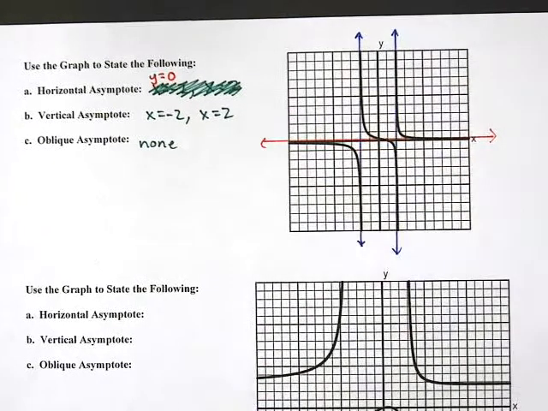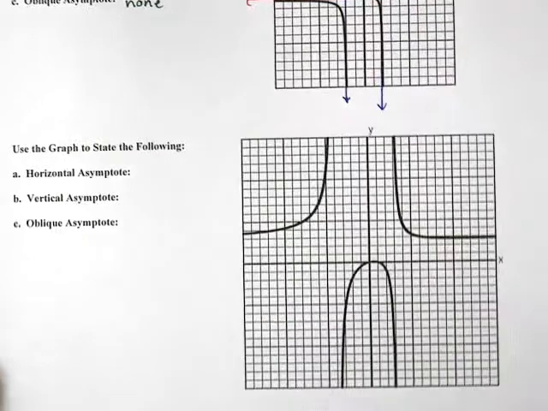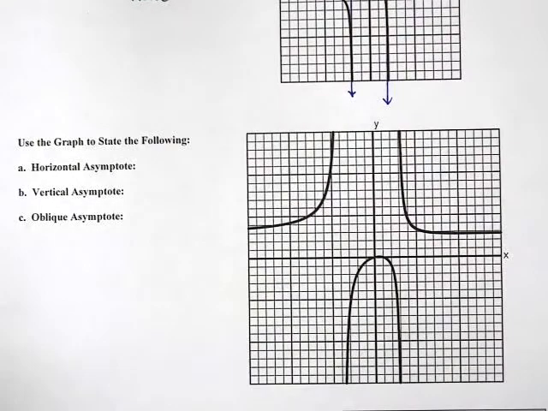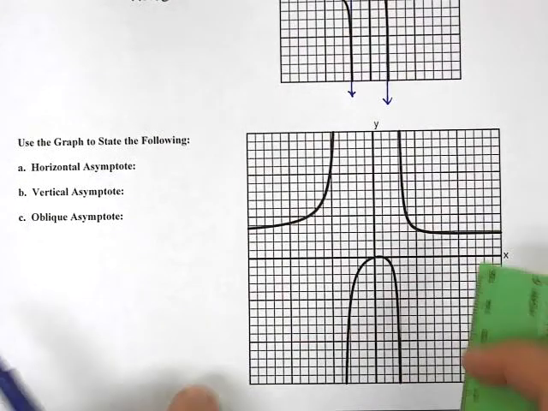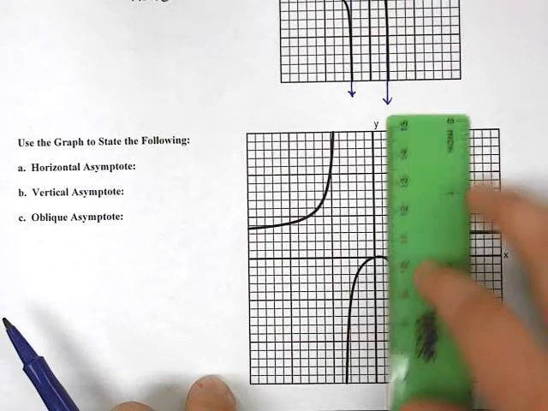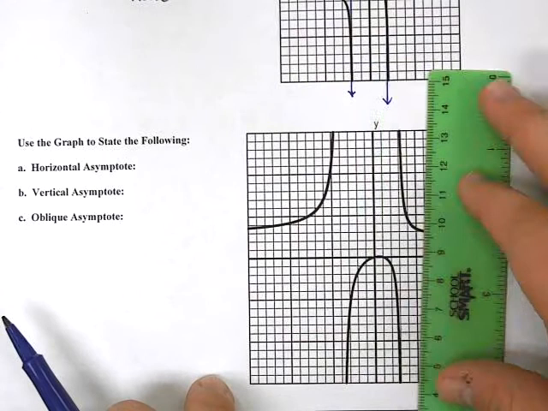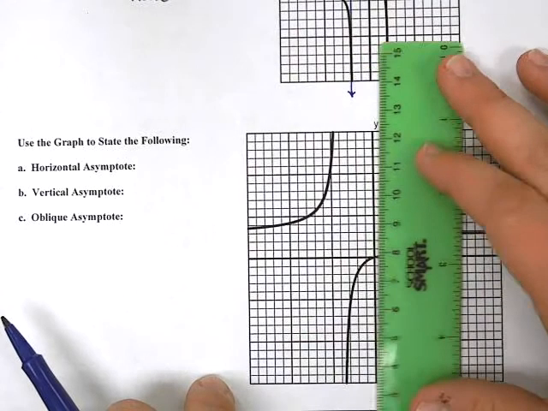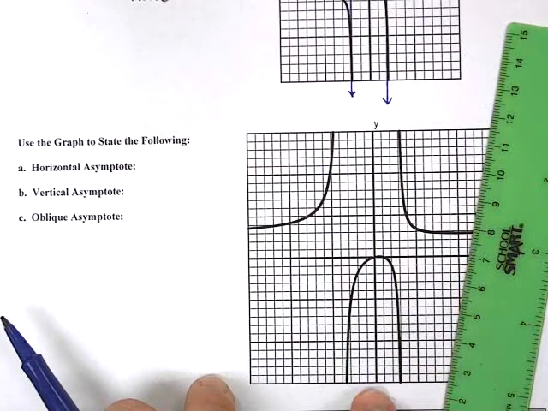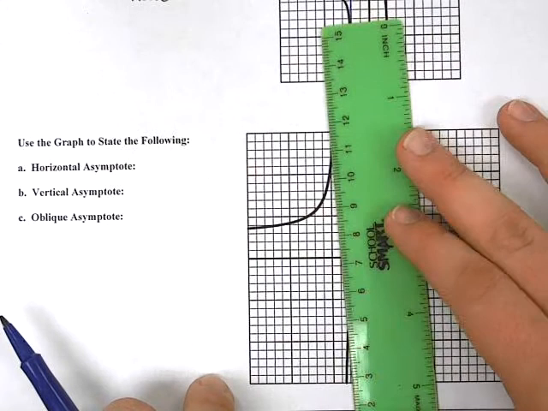So for this last graph, it's a little bit more spread out. It might be a little tougher to see some things. So what I want you to understand is, for vertical asymptotes, we know that we have to go somewhere on the left side of this line, so maybe right here.